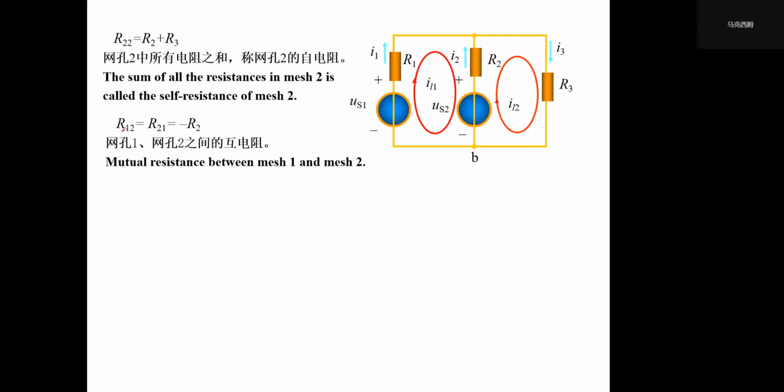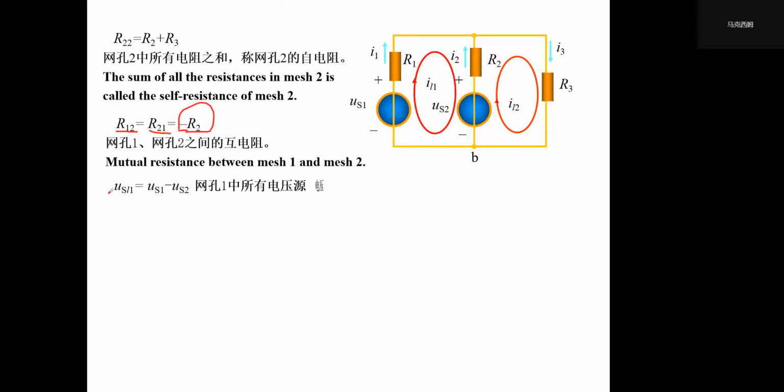And since those two loop currents are circulating in opposite direction, we know that their mutual resistance must be negative, so we give it a negative sign. And it forms the mutual resistances R12 and R21. So we can write it like this.